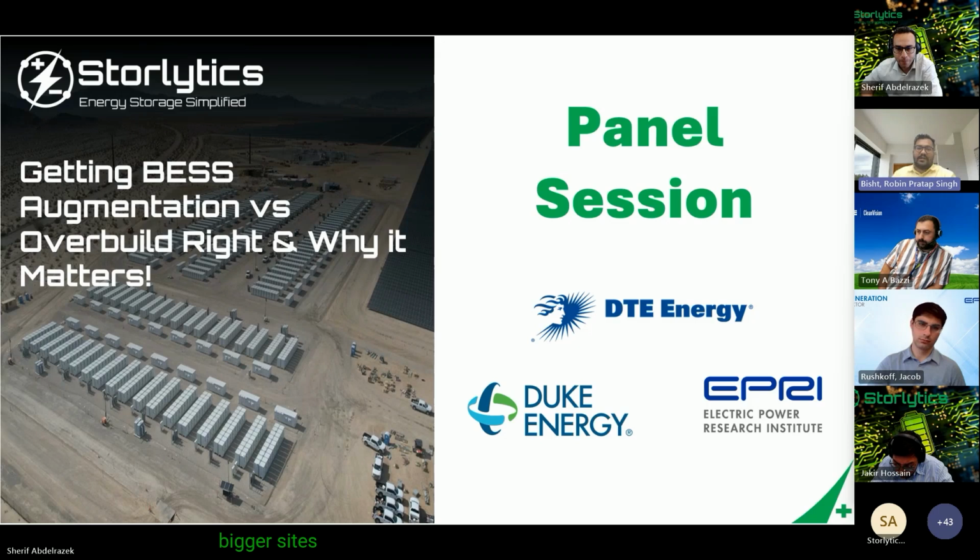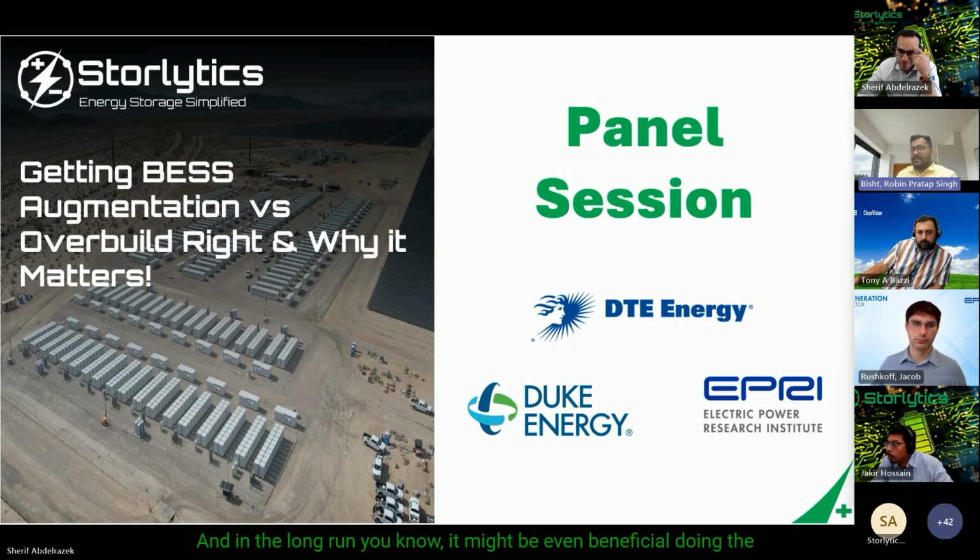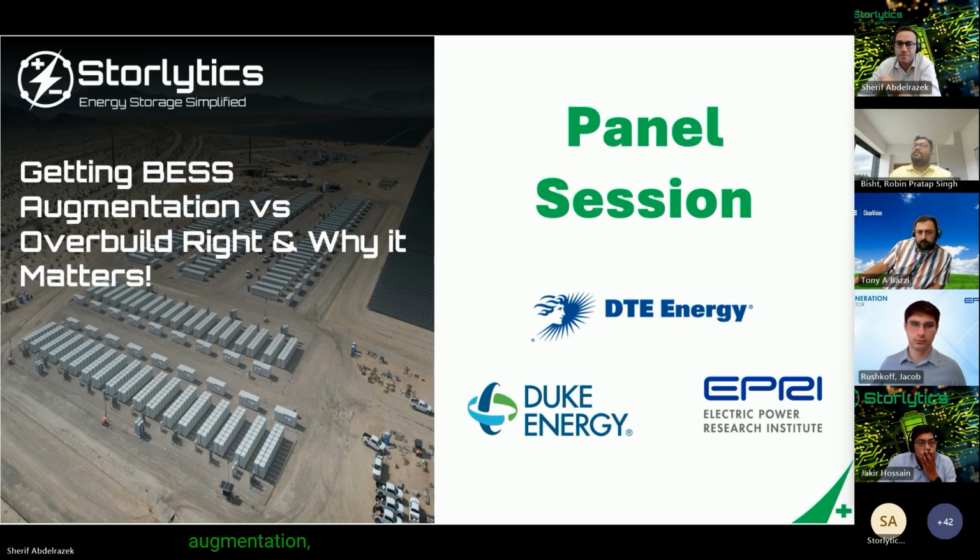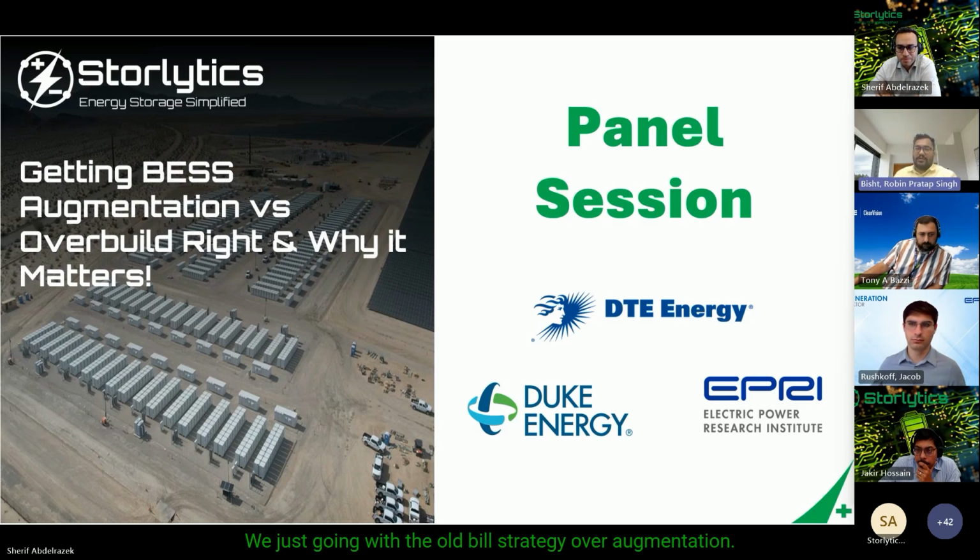For bigger sites, you can have that deferred capital as an advantage, with really big sites where you need to provide justification for getting that initial capital, and in the long run it might even be beneficial doing the AC augmentation. But right now, for smaller sites at Duke, we're just going with the overbuild strategy over augmentation.